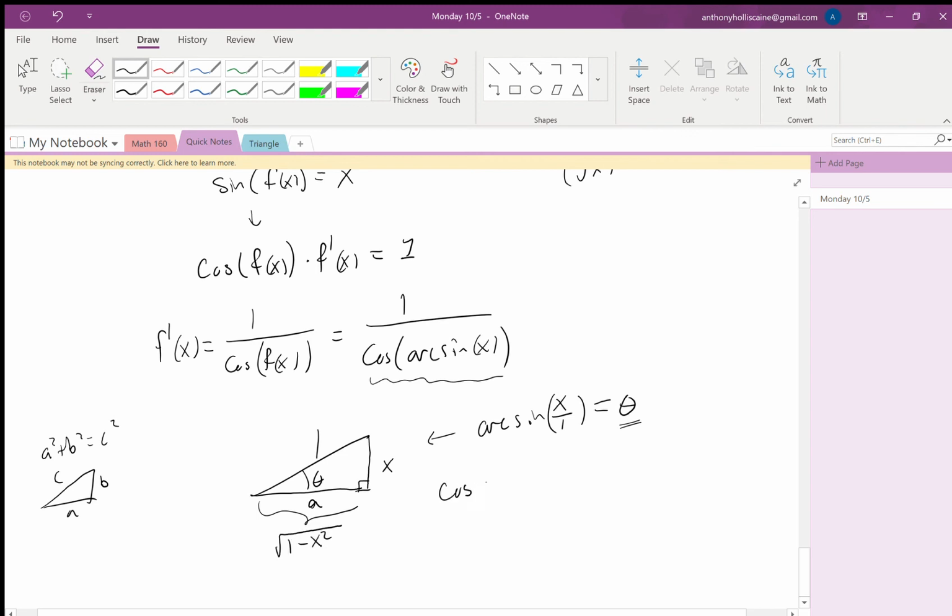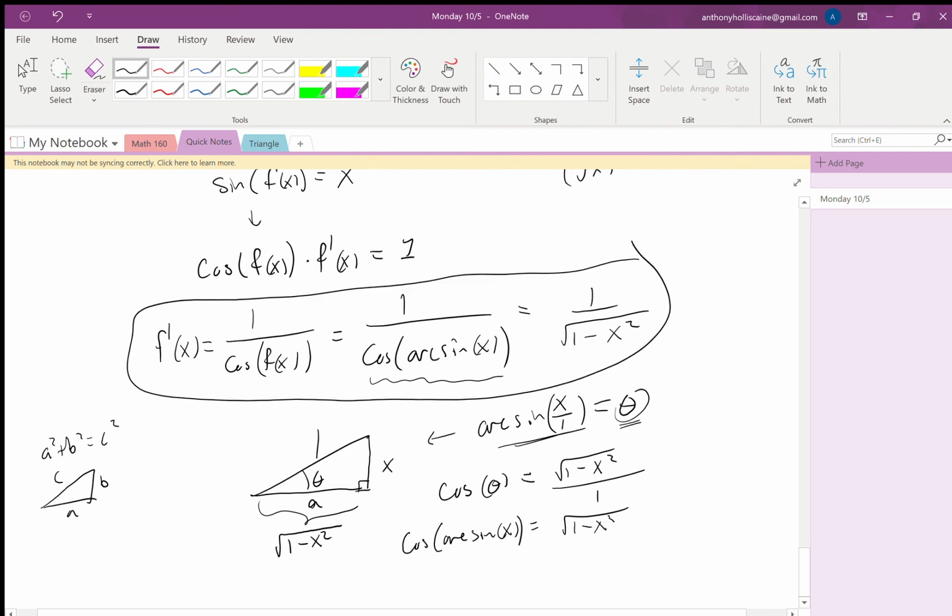So cosine of theta is the square root of 1 minus x squared over 1. And theta is arc sine of x. So cosine of arc sine of x is the square root of 1 minus x squared. So this is 1 over the square root of 1 minus x squared.